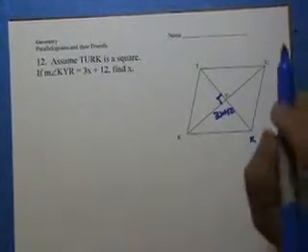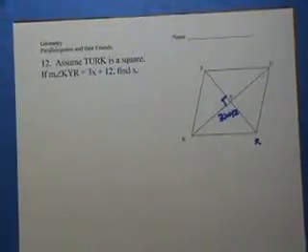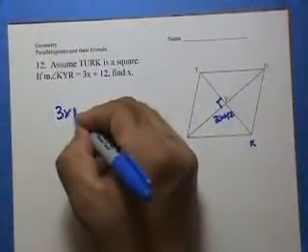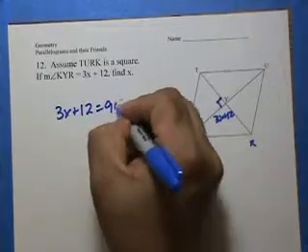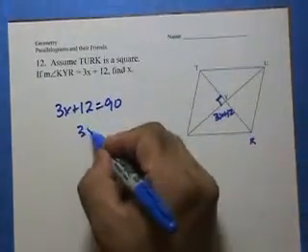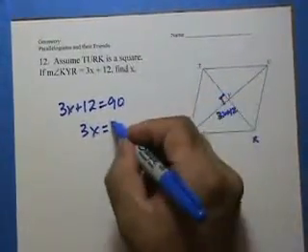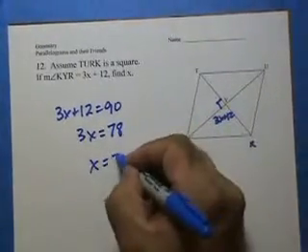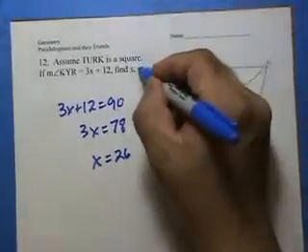Okay, a square is not like a rhombus. A square is a rhombus. The diagonals are perpendicular. Therefore, 3x plus 12 must equal 90. What is that? 78? So, x is 26.